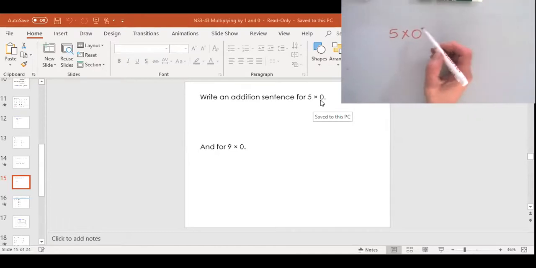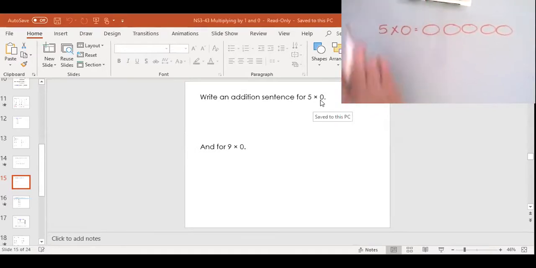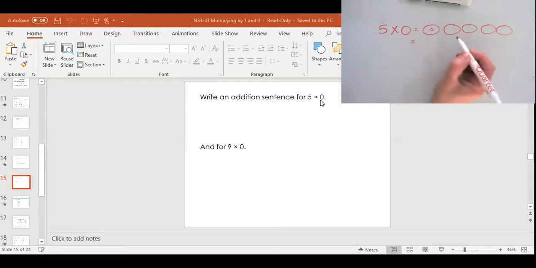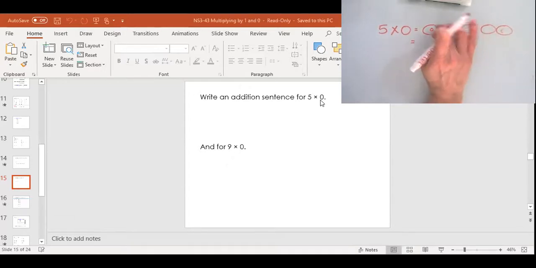If I have 5 groups, 1, 2, 3, 4, 5, and there's nothing in any of them, then what do I have? There's nothing in this one, nothing in here, nothing. I could make a 0, or I could just show you there's blank space there. So 5 groups of nothing is nothing.